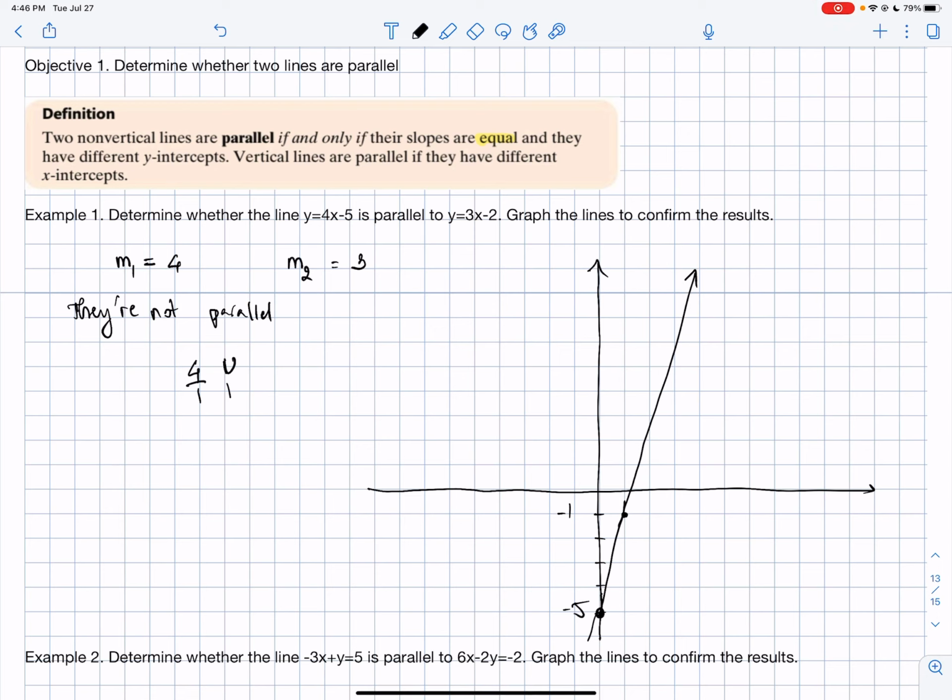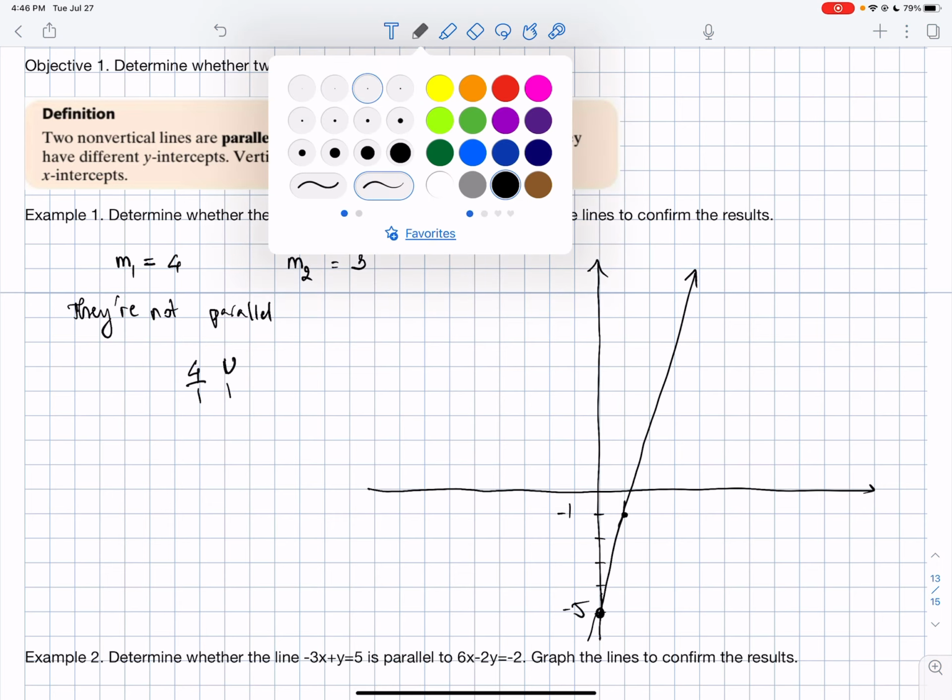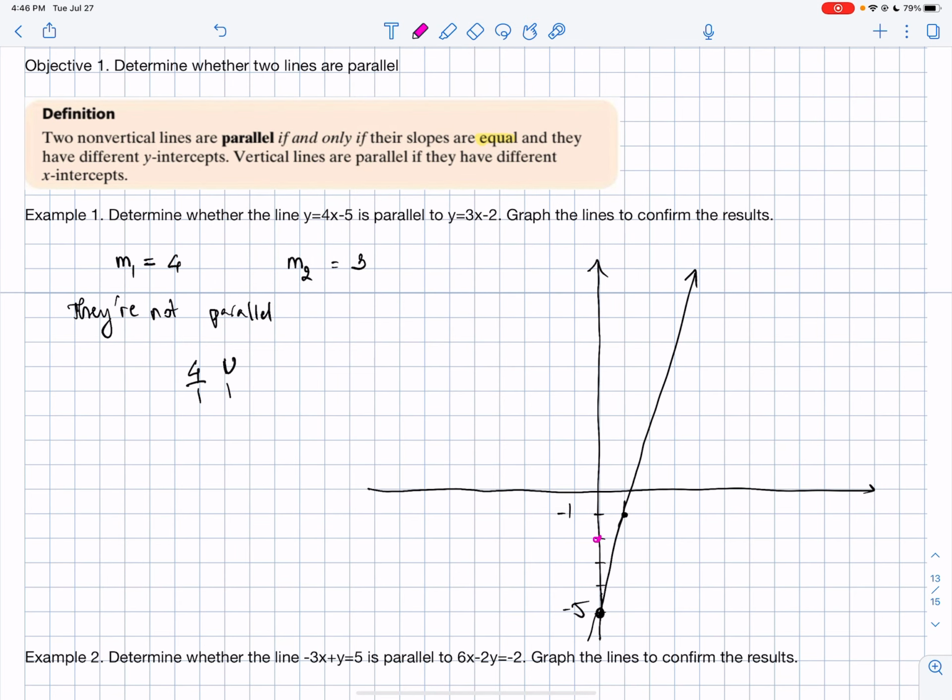Now the second line, we begin from -2, and the slope is 3, that means 3/1. We go 3 up, we will hit 1, and then we turn right. So in the future, they will meet each other at some point. They are not parallel.